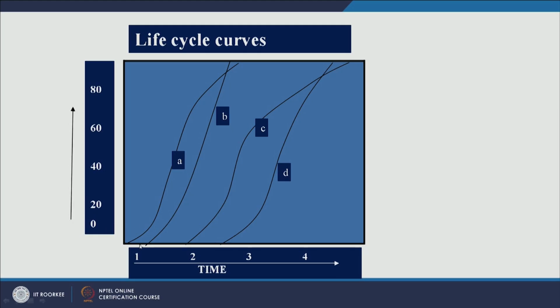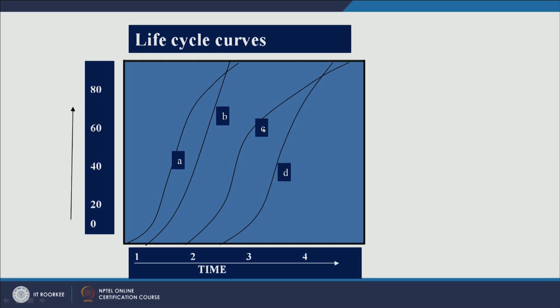Similarly activity B started at this point and it is progressing like this. If you look at these two activities A and B, activity A started before activity B, activity B started after activity A, but activity B finished before the completion of activity A. So you can have a situation like this.